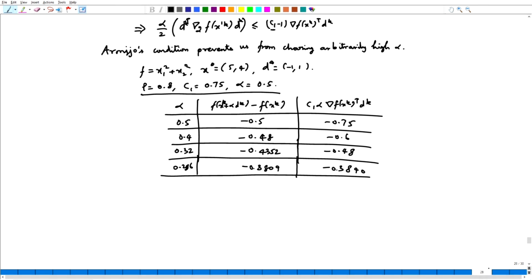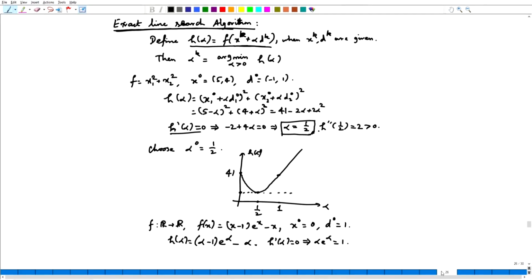So, you have to note one thing, we took the same example f equal to x1 squared plus x2 squared, x naught equal to 5 comma 4 and d0 equal to minus 1 comma 1 in the exact line search as well, and what was the alpha that we got? We actually got 0.5. So, you can just refer to the previous slide, yeah, here it is.